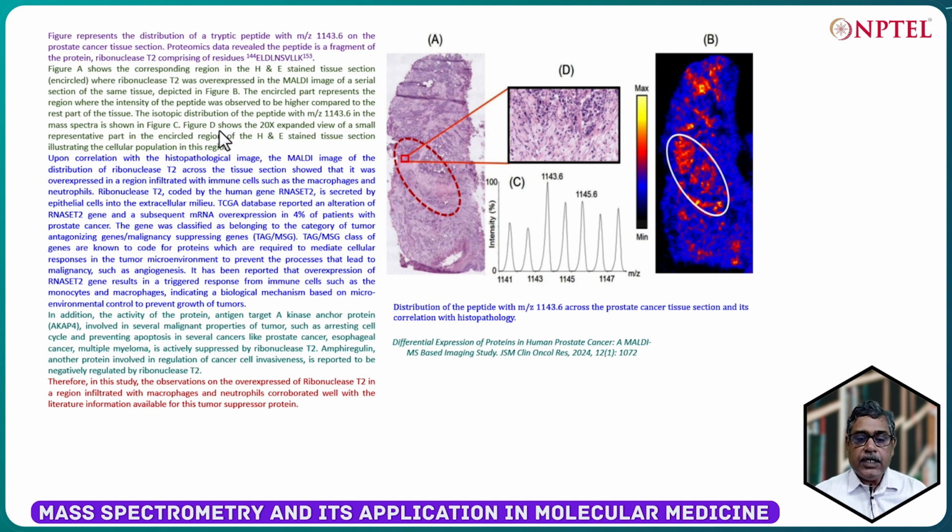Now, figure D represents the 20x expanded view of a small representative part of the encircled region of the H&E stained tissue section, illustrating the cellular population in this region. Upon correlation with the histopathological image, the MALDI image distribution of ribonuclease T2 across the tissue section showed that it was overexpressed in the region infiltrated with immune cells such as macrophages and neutrophils.